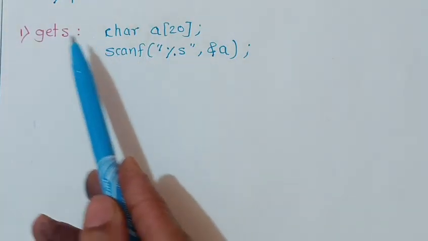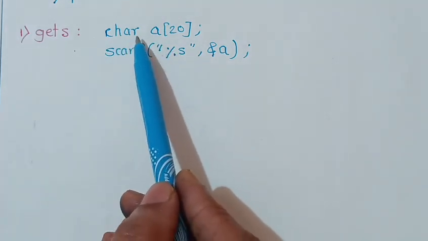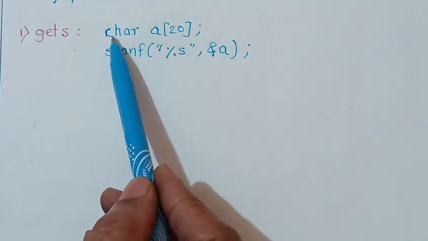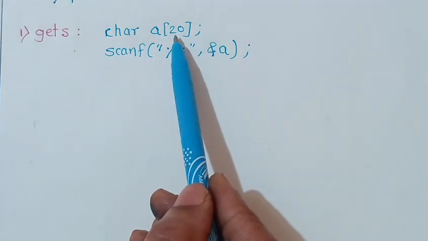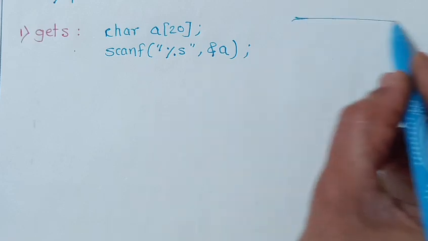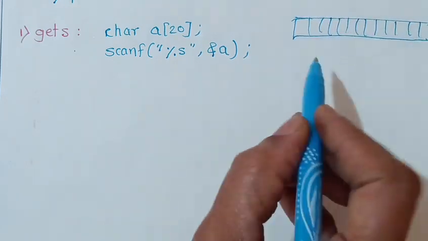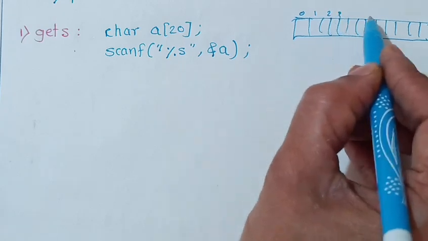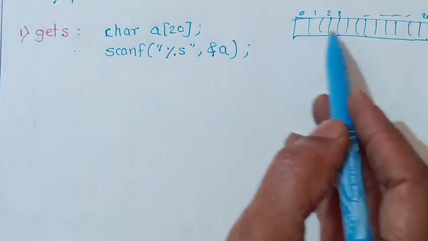Here you can see, in formatted input, suppose a string is a sequence of characters. We have to declare the variable as a char with a size. So a[20] creates one block with size 20, indexed 0, 1, 2, 3 and so on. Whatever characters we read will be stored in this block.